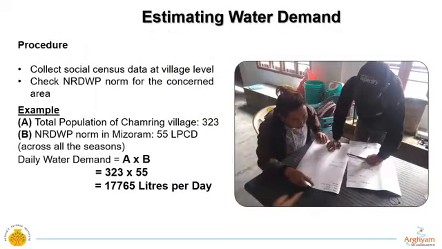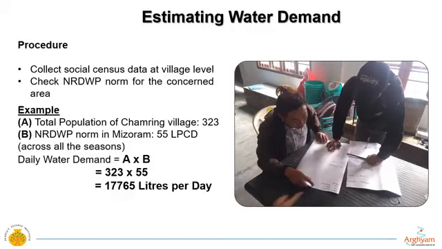In order to estimate the water demand of a particular village, it is mandatory to check the domestic water requirement as per the National Rural Drinking Water Program, that is NRDWP norm for the concerned area. In addition to this, we also need the social census data, that is the resident village population, as already mentioned in the previous slide.